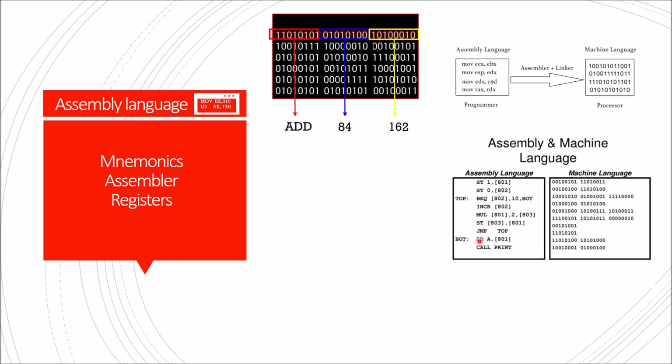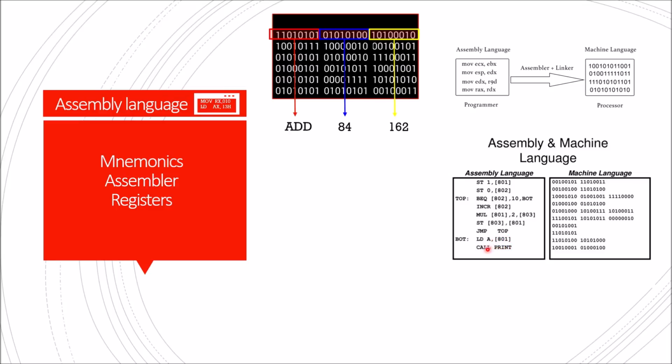This LD stands for load. It will load the value of this position in memory to this register, and will call the subroutine print. So print basically will be something like outputting this number to your screen.